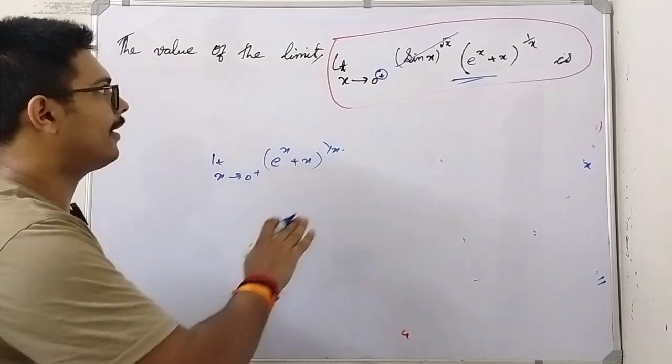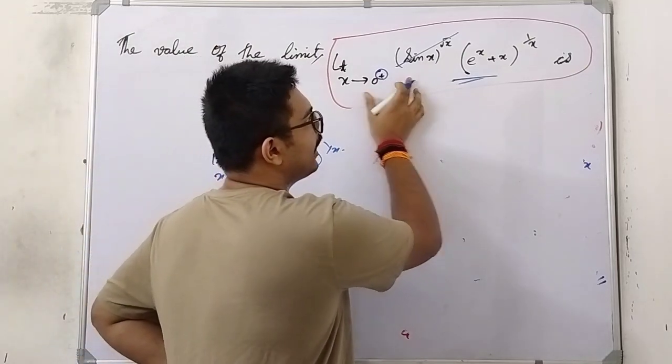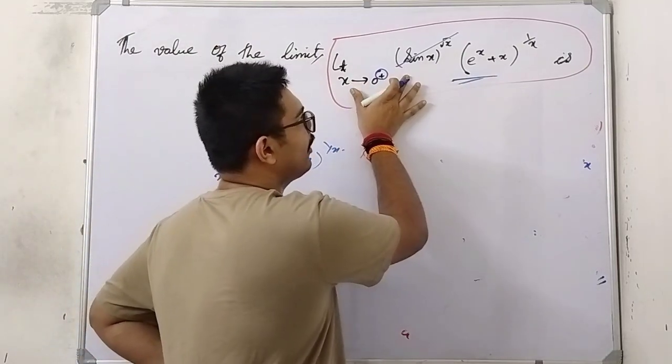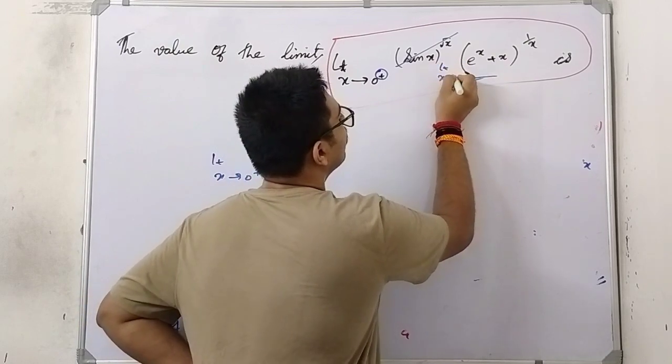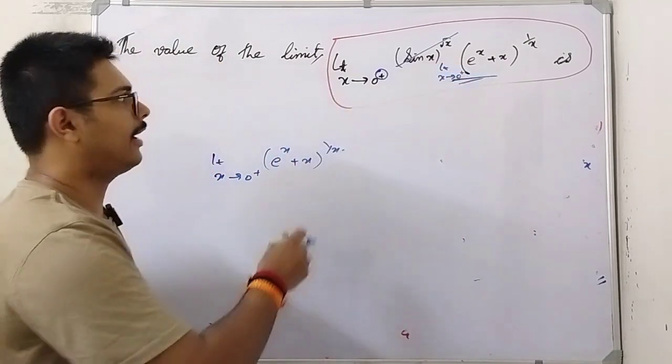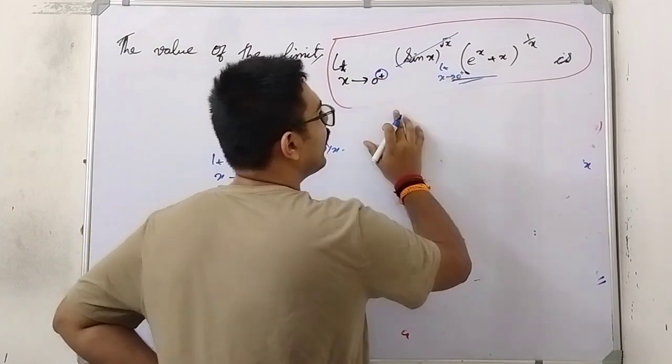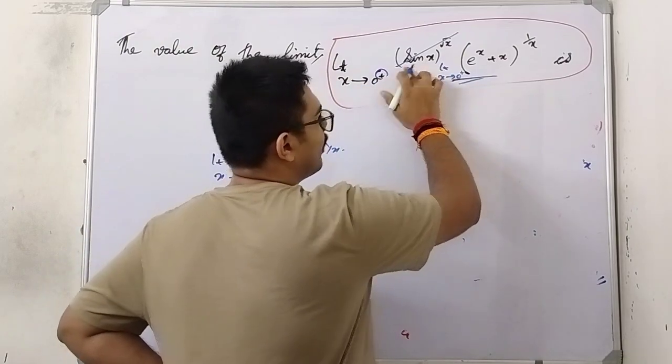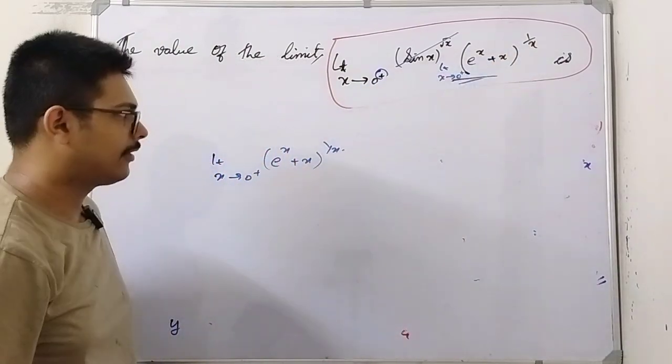The final limit will be this one, because we can calculate the limits individually and multiply. I have split this limit and calculated it individually, and that value became 1. So we can calculate the remaining one.